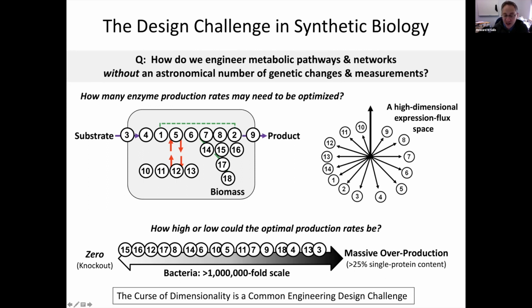And that range is on the order of 1,000,000-fold. So you have a tunable knob for each one of the enzymes in your system of interest, and you can vary the expression level of that enzyme across a 1,000,000-fold range. That's crazy. And so how do you figure out the optimal numbers, the optimal amount of enzyme expression levels to maximize the conversion of substrate to product while keeping the organism happy and self-replicating, while not running out of cofactor, and of course, satisfying other design criteria?